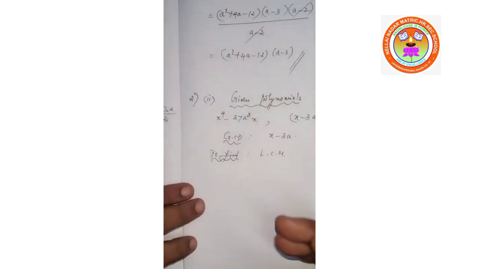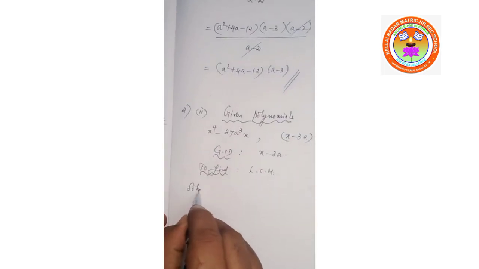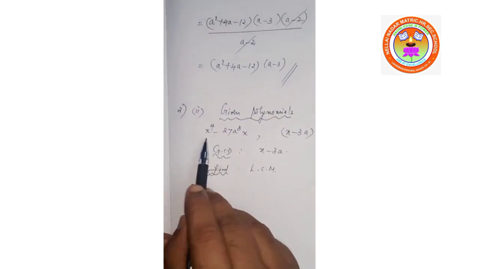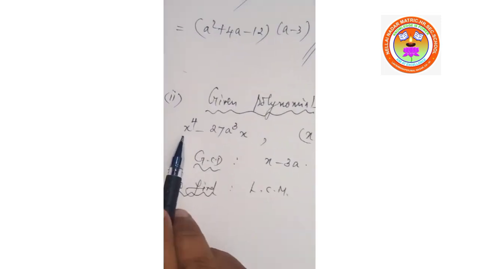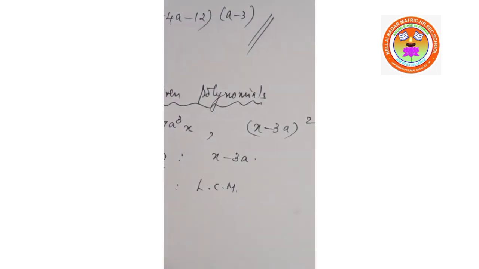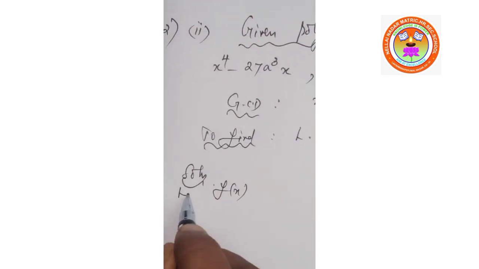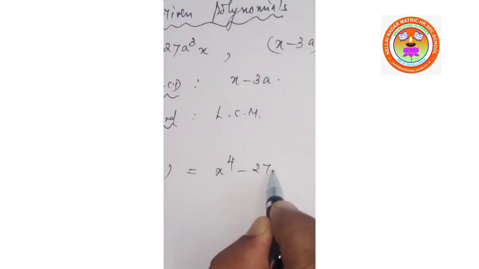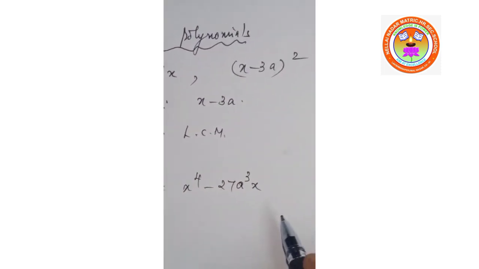Solution. Here it's a polynomial in terms of x as well as a. Let it be f of x, x power 4 minus 27 a cube x.